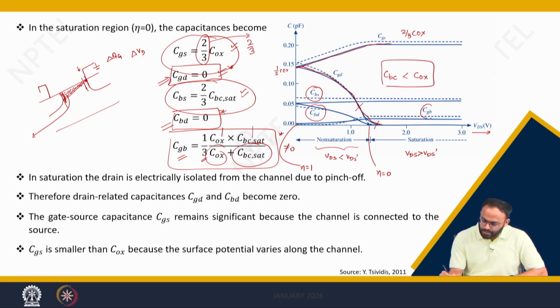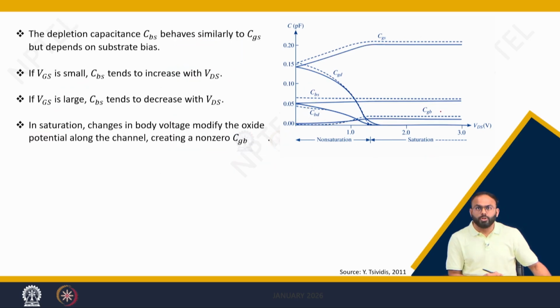CGB, as plotted, is 0 earlier, but now in the saturation region, because of pinch off, a significant amount of CGB exists. So these are the values which we plotted with respect to VDS, and we have seen how the small signal capacitances make a transition between the saturation and non-saturation regions of operation.